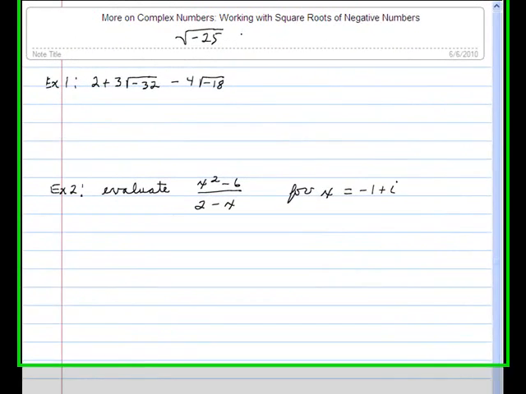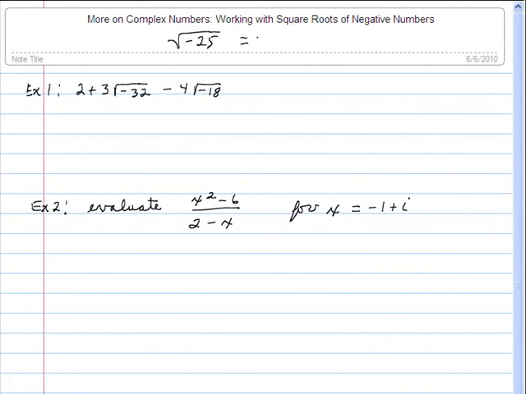The i form of the square root of negative 25 is i square root of 25. Now we know that the square root of 25 is just 5, so this is the same as 5i. So that would be its i form. And once you've changed it to its i form, we already covered how to do arithmetic in the i form in the previous podcast, so you should know how to finish it from there.